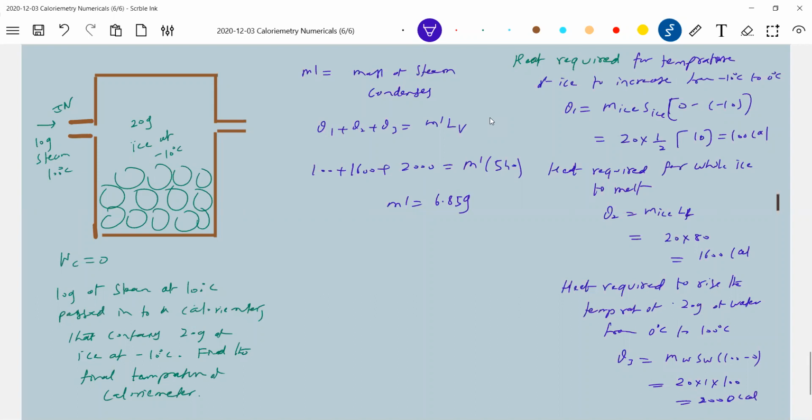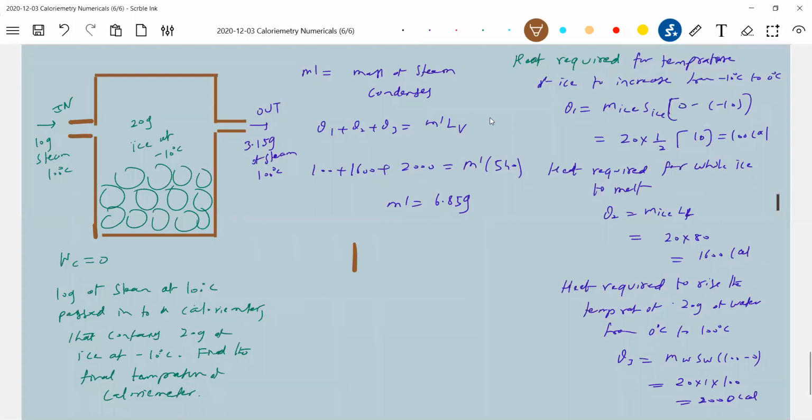So remaining, how much will leave? 3.15. 3.15 gram of steam, what will happen? It will leave the calorimeter. So what will be the final? At least if you are able to understand, it's good.